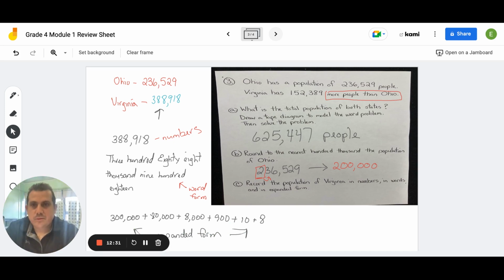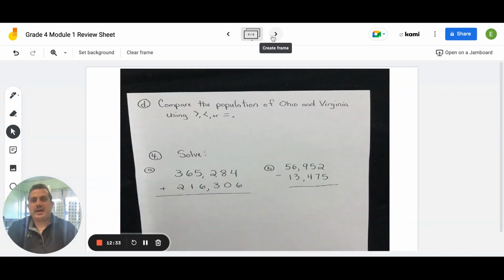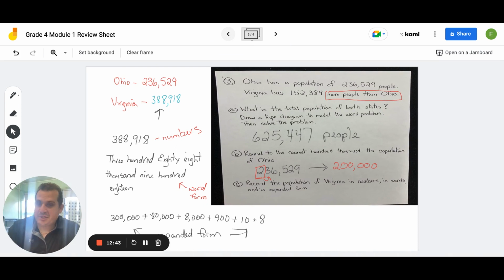And then I believe we have comparing those two populations using greater than, less than, or equal to. Well, if you go back, Ohio and Virginia, right? We know, couldn't fit it on the same page, but Virginia is greater than Ohio.